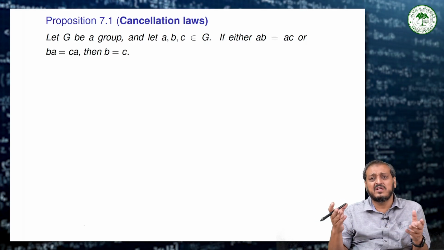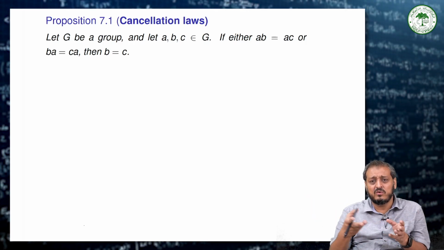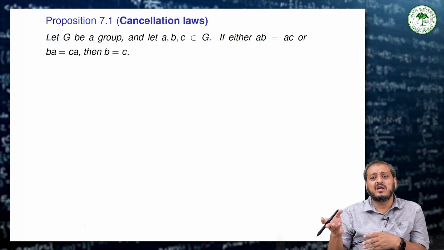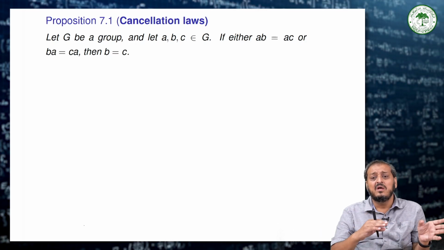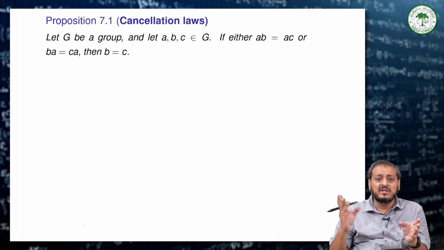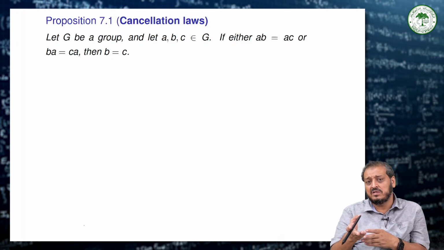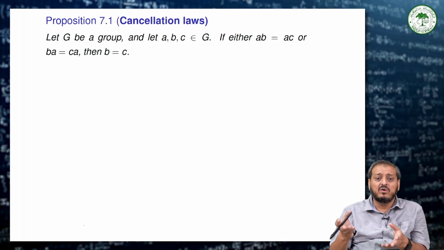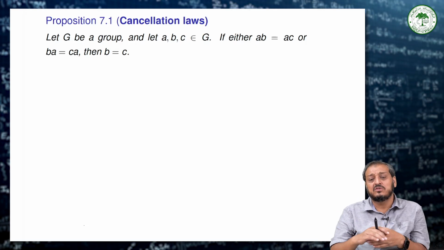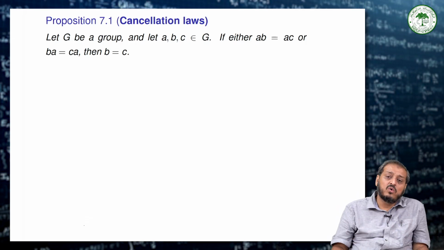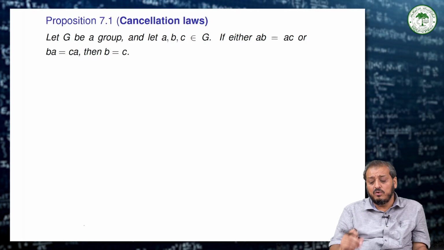That is, if AB is equal to AC, then we cancel A on the left side and get B is equal to C, and if BA is equal to CA, then again we cancel A on the right side, and B is equal to C. So this means the cancellation law holds for all groups.